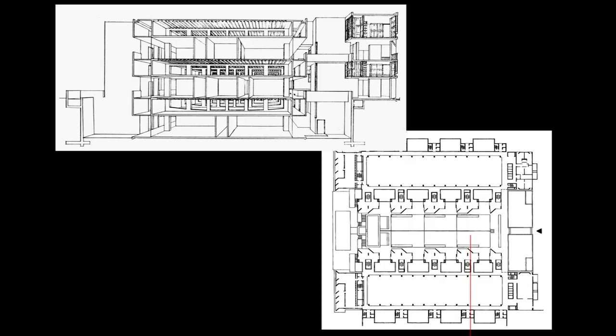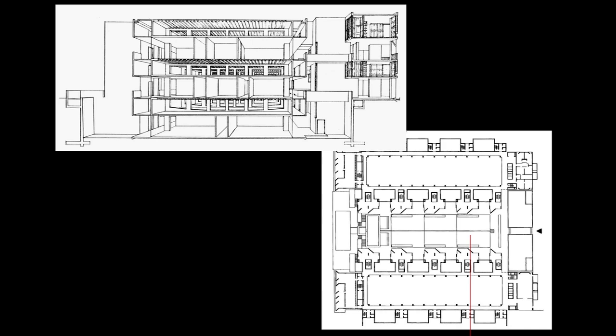Once again, Kahn is thinking in terms of served spaces and servant spaces. And in this particular case, the served spaces are going to be those floors, and the servant spaces are going to be in those structural joists that span the width of these different lab spaces.